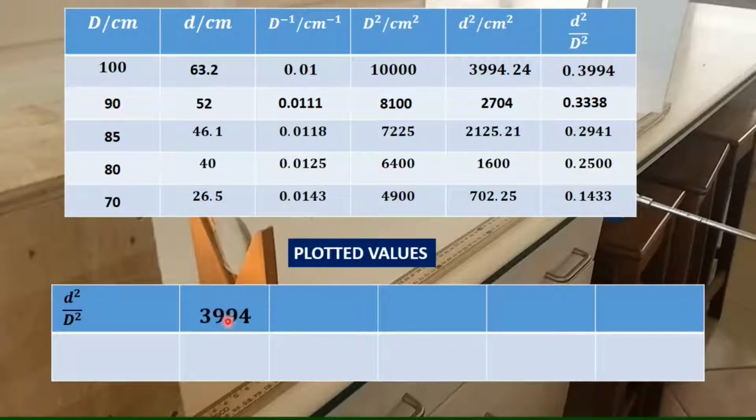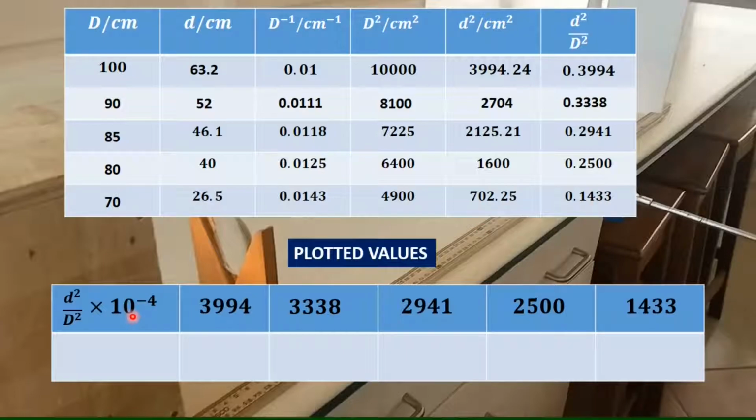So we have 3994 times 10 exponent negative 4. For the rest of the values, we have 3338, 2941, 2500, and 1433, each value times 10 exponent negative 4.